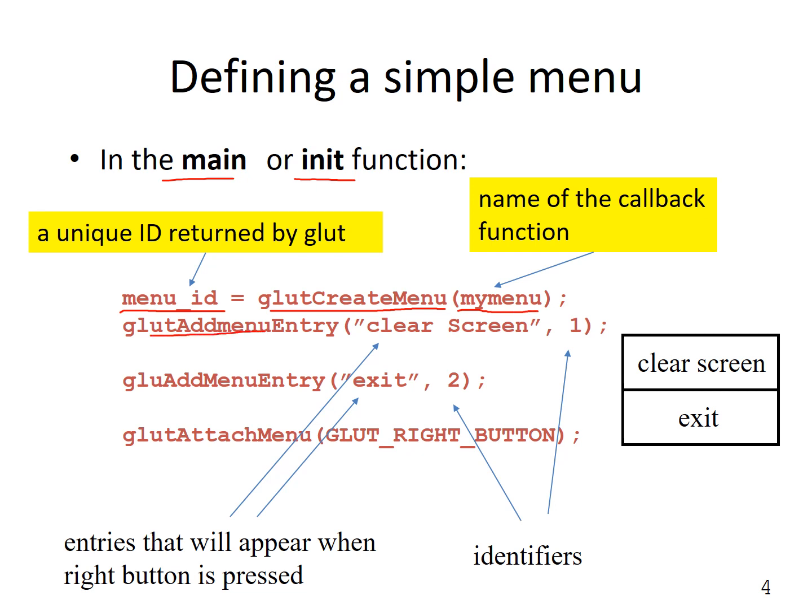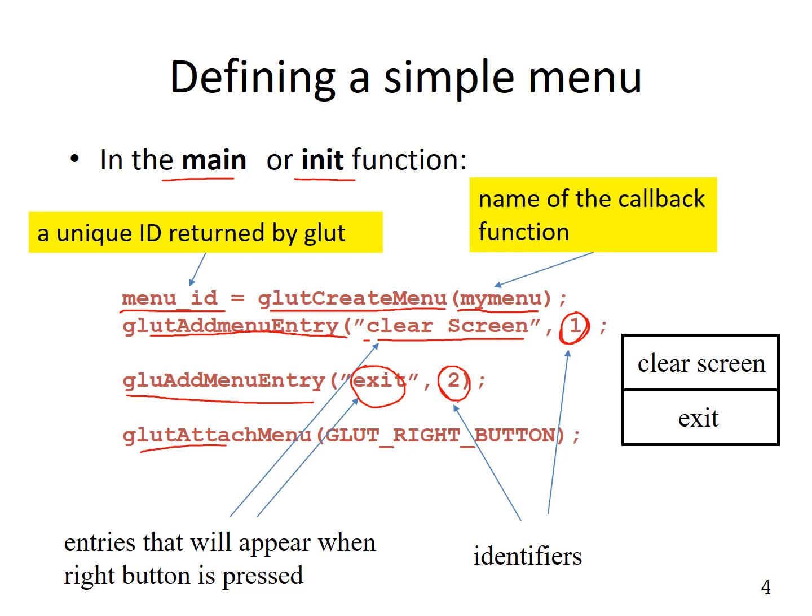Then we add an entry to this menu. The text for the entry is clear screen, and the identifier is 1. Then we add the menu entry exit. This is the text of the second menu entry, and this is identified by 2.